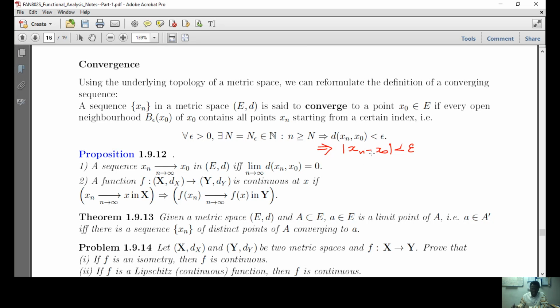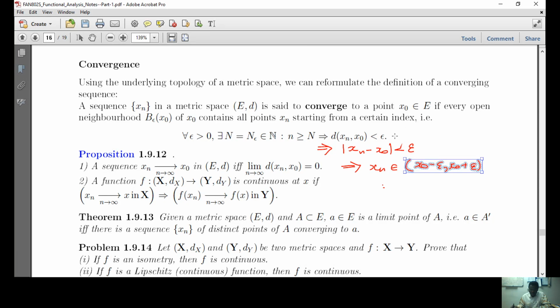And we also saw that this also means that Xn will be in the open interval (X0 minus epsilon, X0 plus epsilon). So this is an open interval. But now, in the case of our metric space, what does this mean?